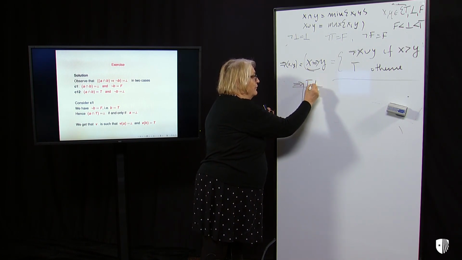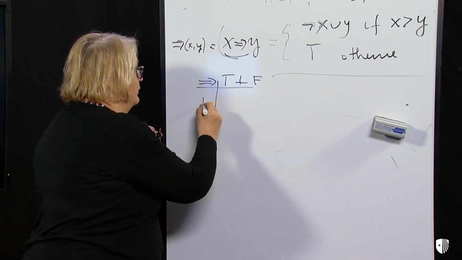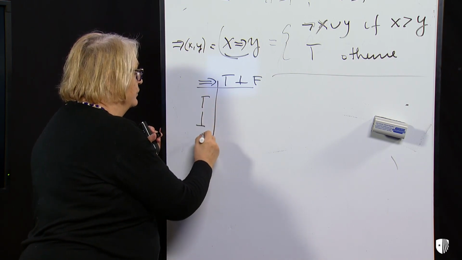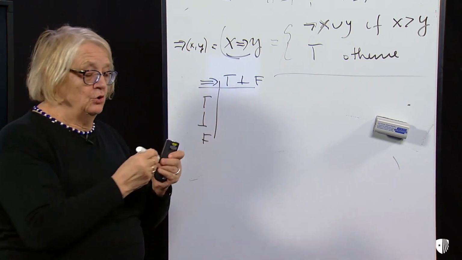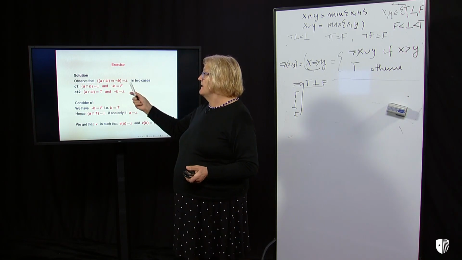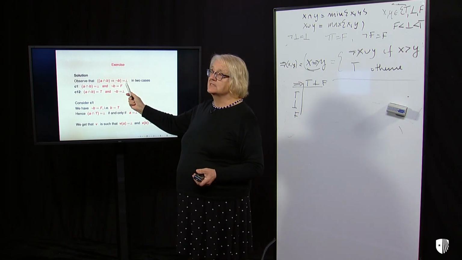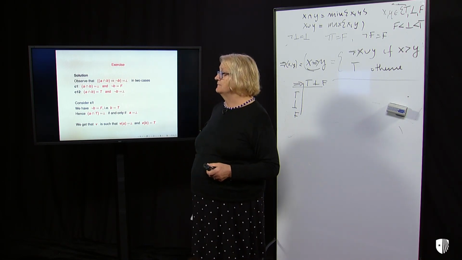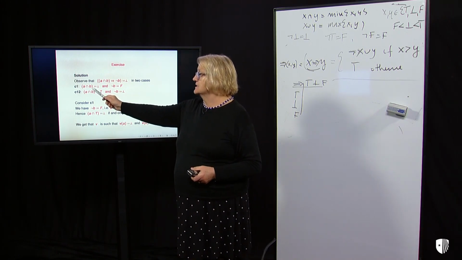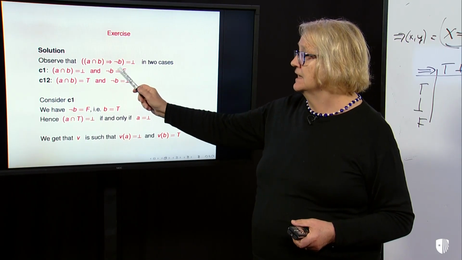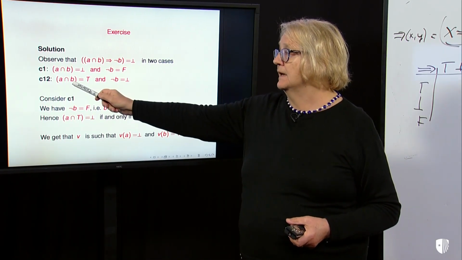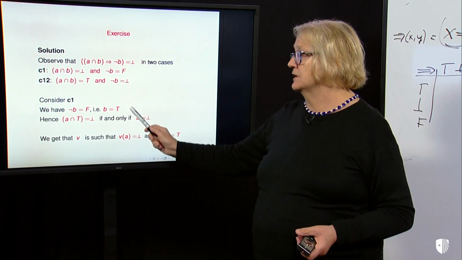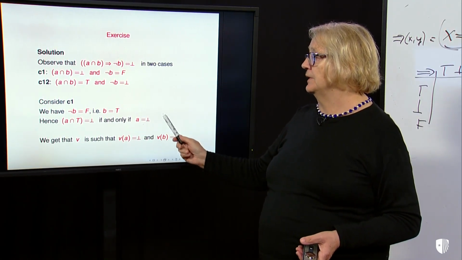the connective truth table for implication. If you write this truth table, you can see that implication is unknown in two cases. It means when this is unknown and this is false, or the second case is this, and you consider one case, and it happens only this.